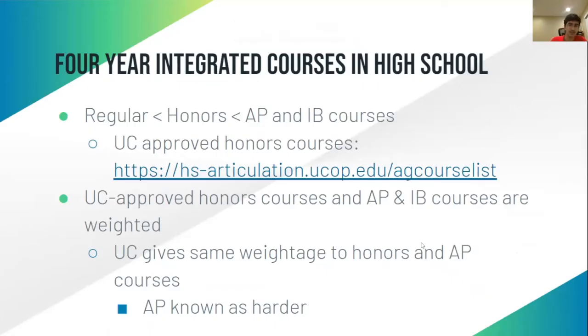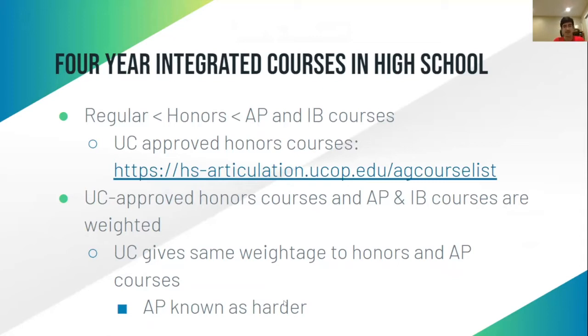All right, and lastly, the UCs give the same weight to honors and AP courses. So AP courses do not get more weighting than honors courses when the UC calculates your GPA. But APs are known as harder.